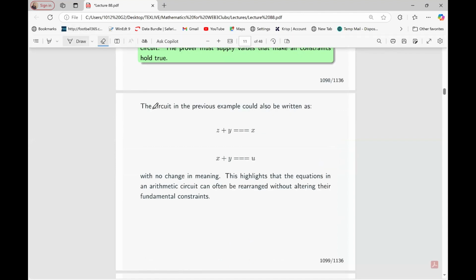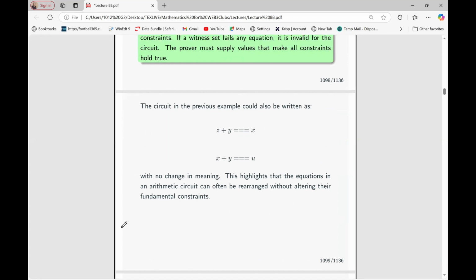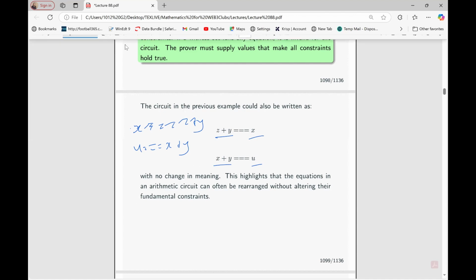Now, I'm saying that the circuit could also be written like this. There's no problem. You see, the initial one, we had written that x is equal to z plus y, and that u was equal to x plus y. So you can just interchange. You can even begin with this and then that. There's no problem. So when you're writing Rust, there'll be no problem. You can begin with any.